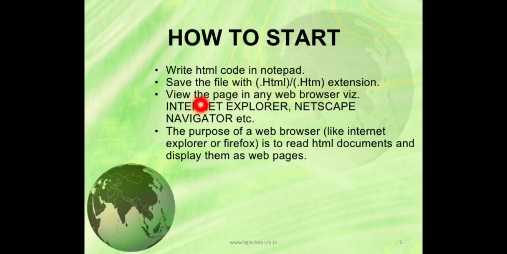Then you have to view the page in any web browser like Internet Explorer, Netscape Navigator, Mozilla Firefox, Opera, Safari, etc. Whatever web browser is the default web browser of your PC, you can use it. The purpose of a web browser like Internet Explorer or Firefox is to read HTML documents and display them as web pages.